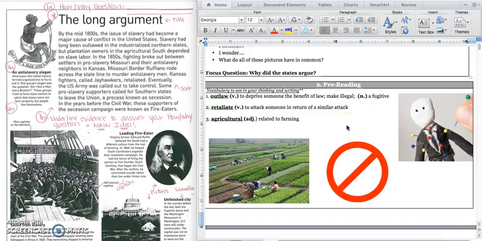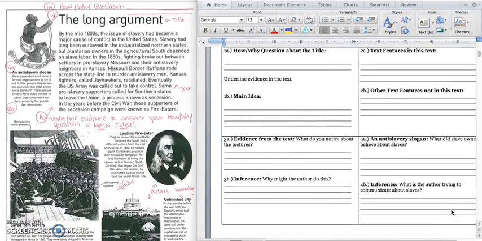That is when you do something back to someone because they did something mean to you. And you can see this voodoo doll, someone is trying to retaliate by sticking pins into the doll. And then the last one is agriculture. That's related to farming. Draw lines to the pictures that represent the word.